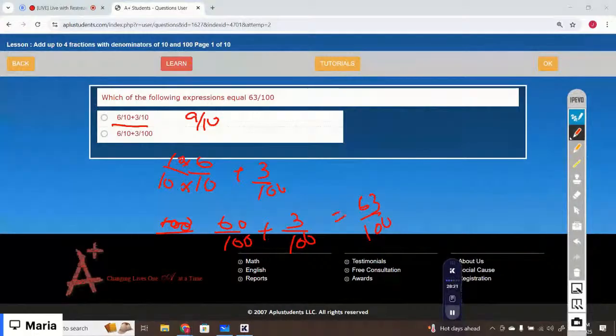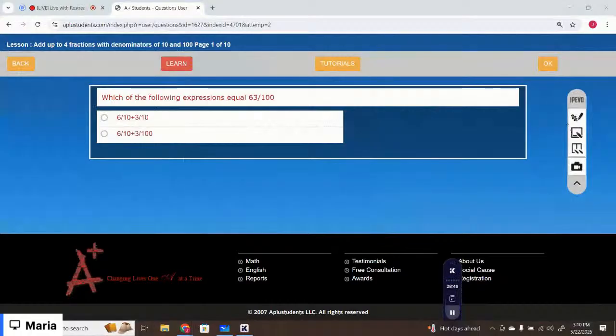So option number 2 is the correct option, that is 6 by 10 plus 3 by 100.